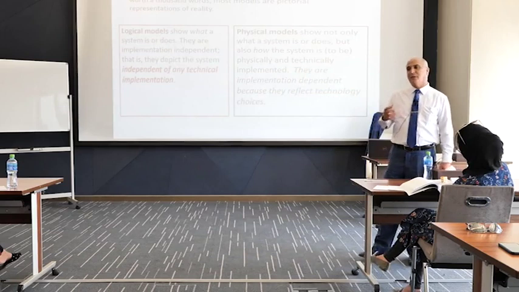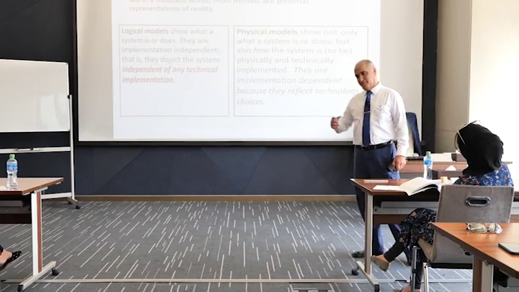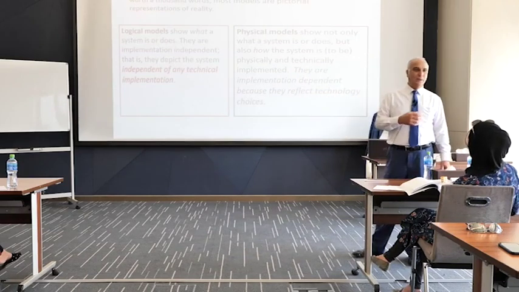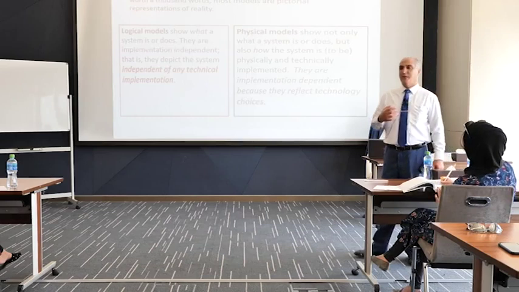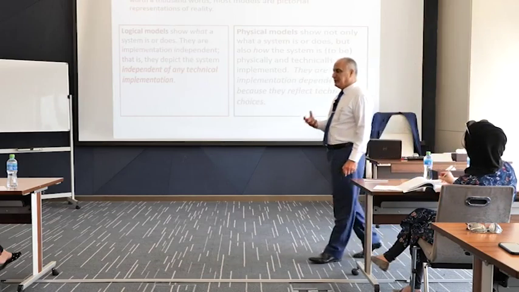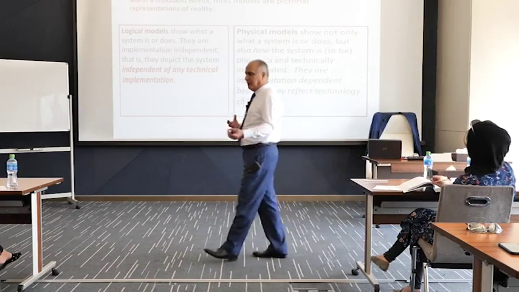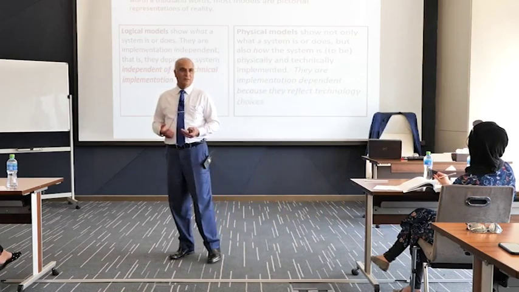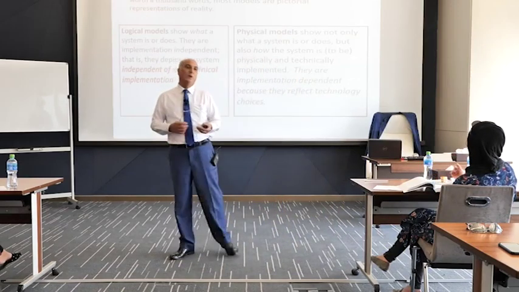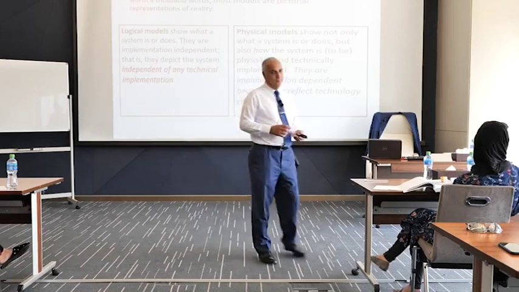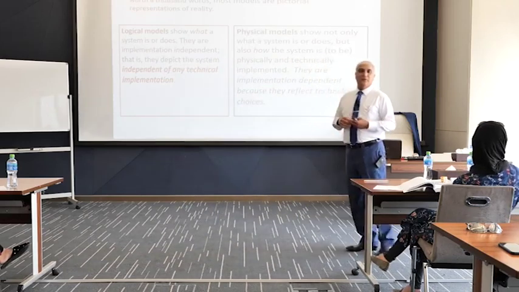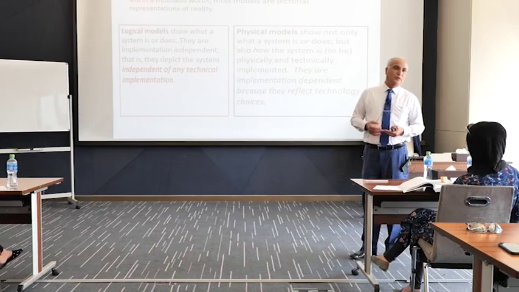In this case, we call it a data flow diagram. If the logical model shows entities, their relationships, and the attributes, we call it an ER model.